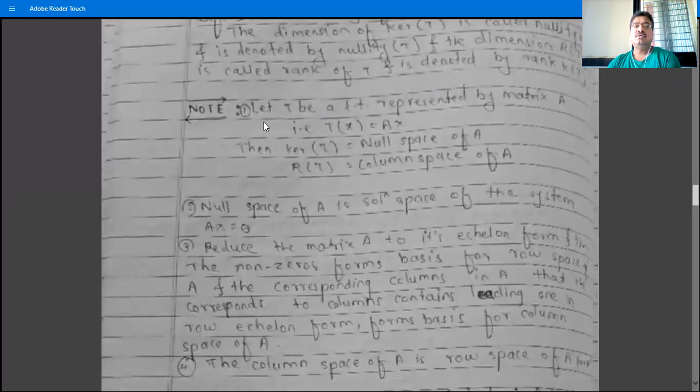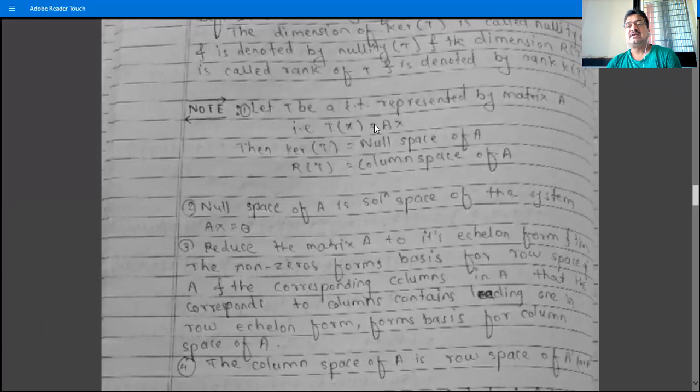Here is a note: let T be a linear transformation represented by a matrix A, that is, Tx is equal to Ax. That is, A is the standard matrix for the linear transformation T. Then the kernel of T is equal to the null space of A, and the range of T is the column space of A. So in order to find the kernel and range of a linear transformation, we have to write the linear transformation in the form of a matrix.